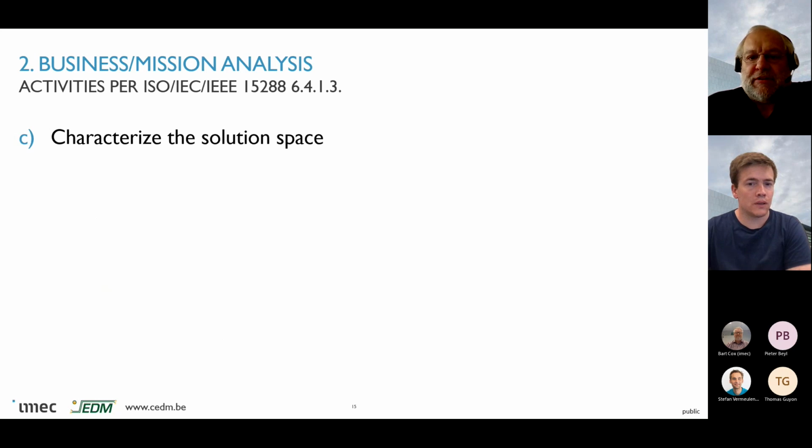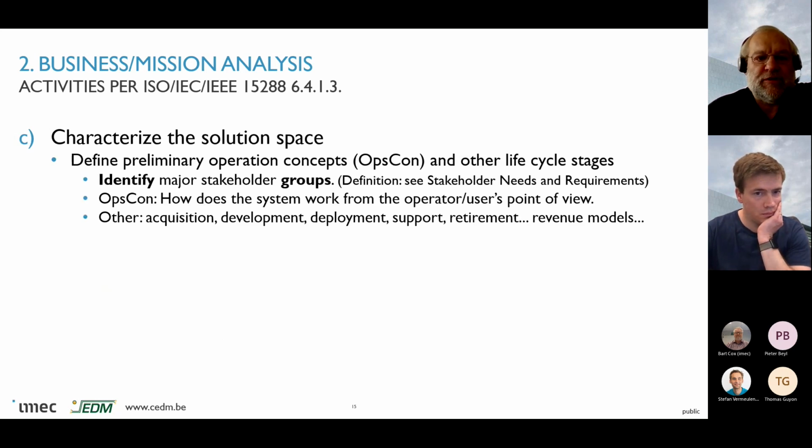The next step is the characterization of the solution space, and this starts with three aspects. That is identifying the major stakeholder groups. The groups can be who is the customer, who is the user, who will be involved in the production, etc. We have to define the so-called OPSCON or operational concept.